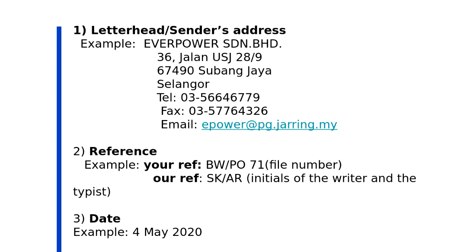It should have a telephone number, fax number, and also an email address. It must be there, because you are sending a letter to a company. And the reference is for your company and the other company. For example, your reference BWPO 7155, our reference KAR, the initials of the writer and the typist.